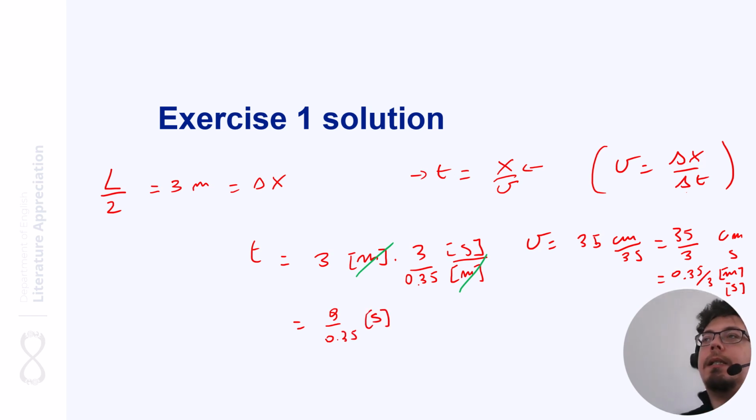Then you plug this number into the calculator and see whatever number it is. It will be a bit larger than 27 seconds. Okay, so this is the first exercise.